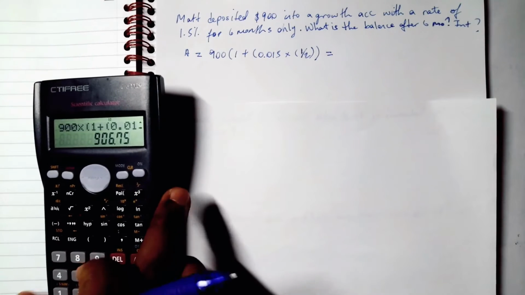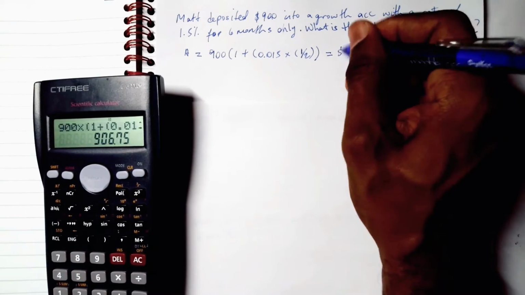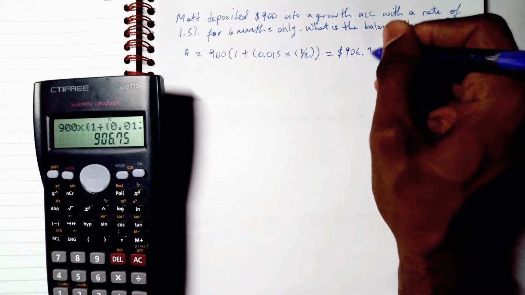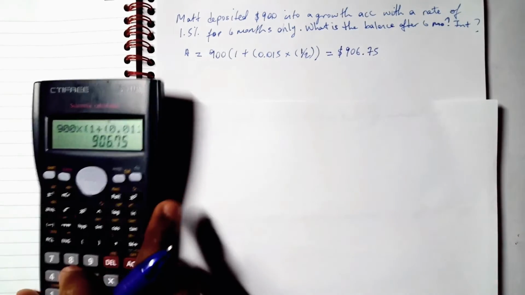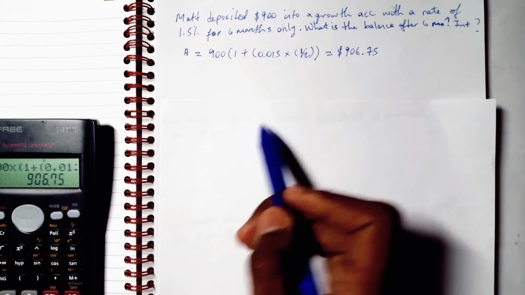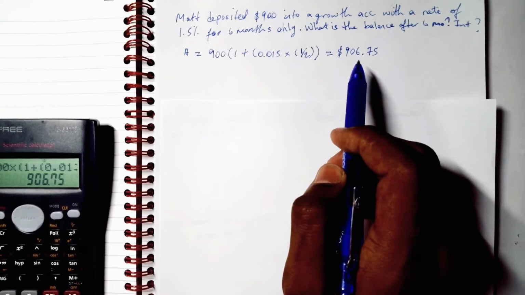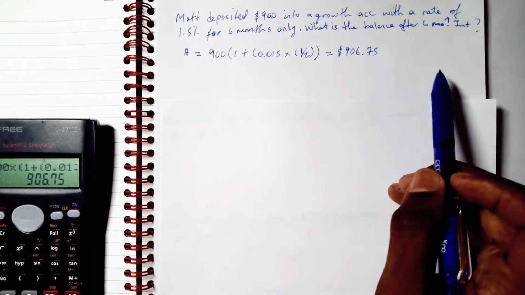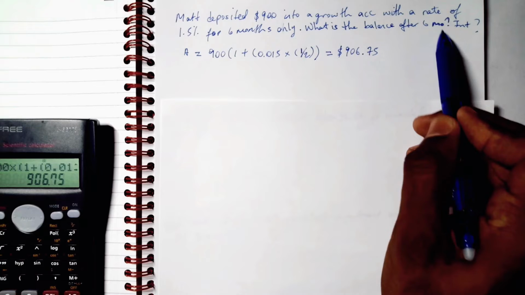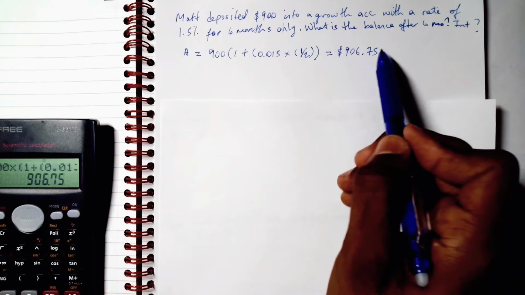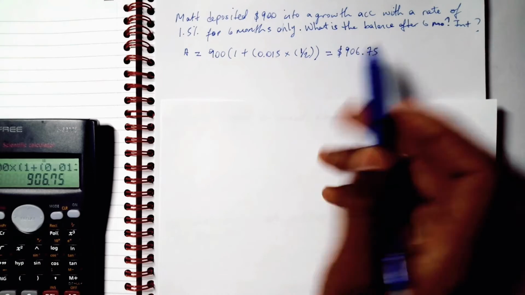So that's a little bit of interest. Oh well, that is the reality. So this is our accumulated amount after 6 months. Because the time periods are the same, to calculate our interest only, we can just subtract the principal from our accumulated amount.